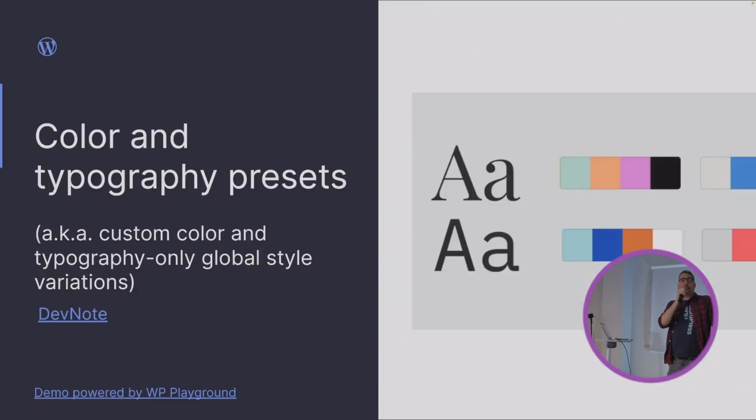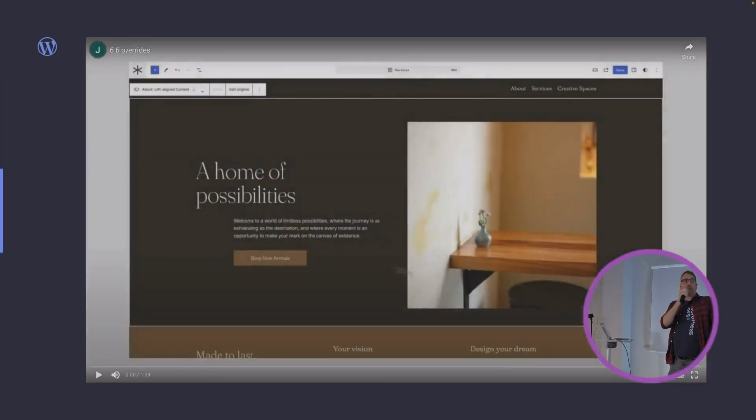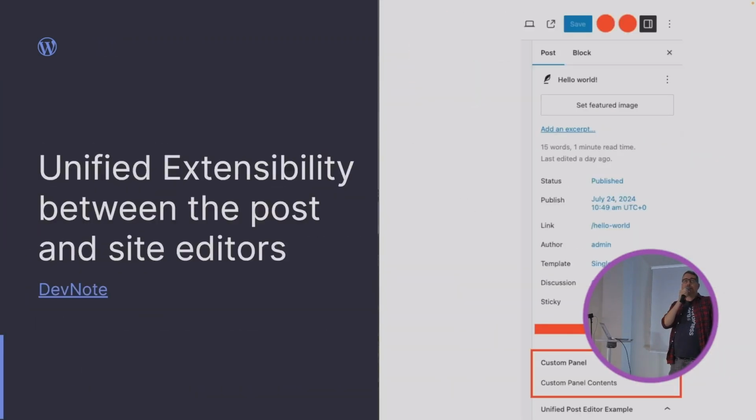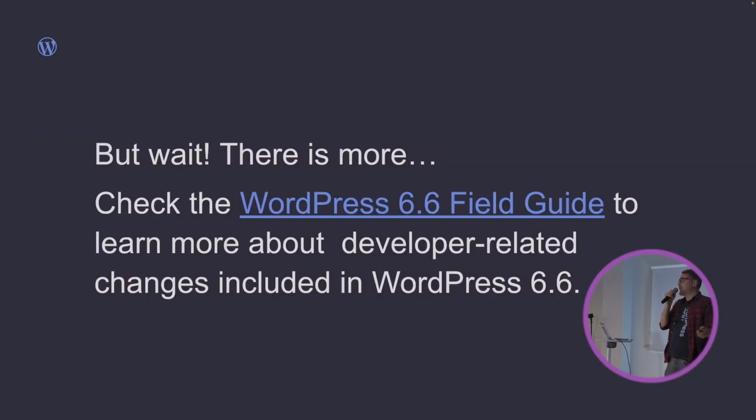And yeah, just to finish, everything that has been released in WordPress 6.6, all developer-related features, have been organized and are available in the WordPress 6.6 field guide, which is like the map of all the developer-related features. So if you want to know more about that, this is a really good place to start.